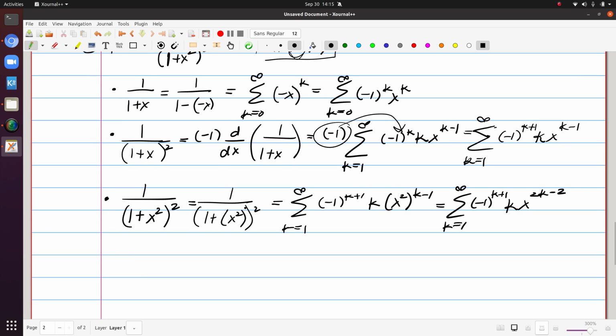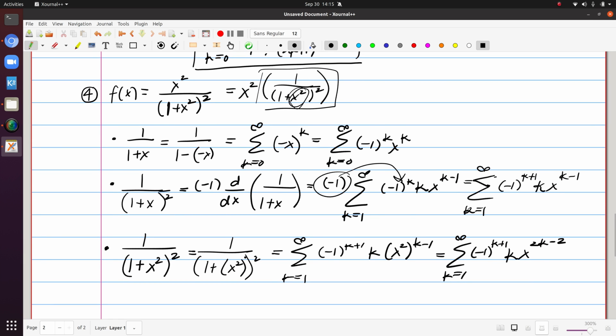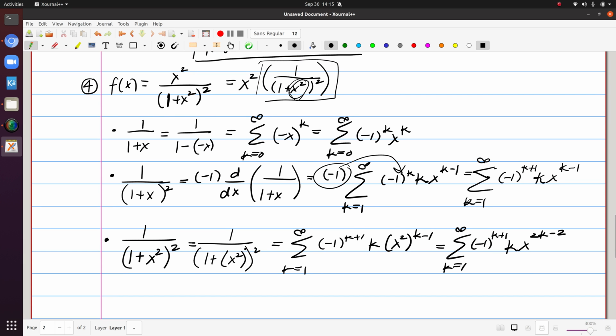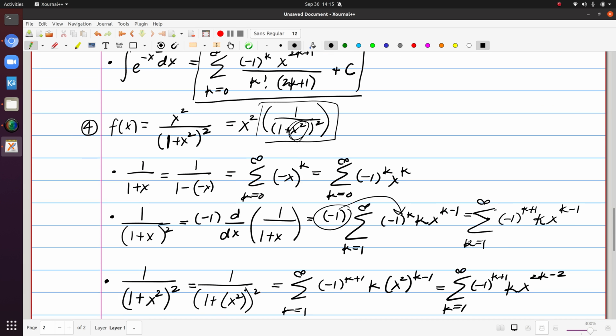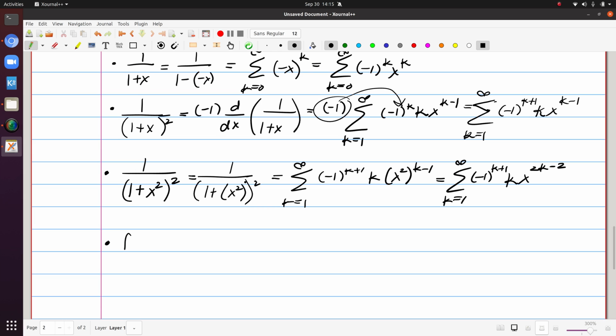And at this step, the only thing I have left is what I identified as kind of my last step from the start, and that's multiplying by x squared. So we're calling this function f of x. f of x is now x squared multiplied by the series I got above, which starts at 1. And at that point, what I'm going to observe is that multiplying by x squared allows me to add 2 to the exponent of x.